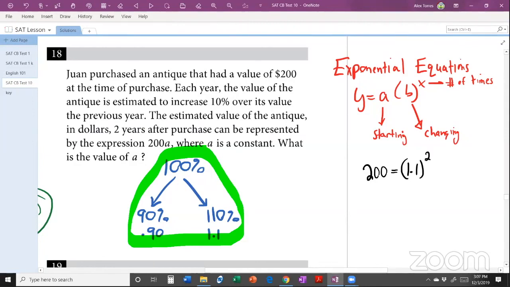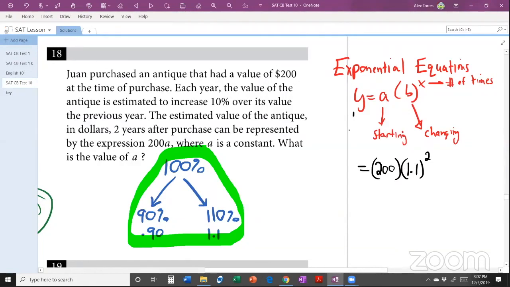So this is 2. This is saying that we're going to increase it by 10% twice, multiplying it by 1.1 times 1.1 again, which means we're doing it twice. And I just noticed a little typo here in my writing, because we have 200 as the starting, and we're multiplying that by 1.1 2 times. So this is our exponential equation.